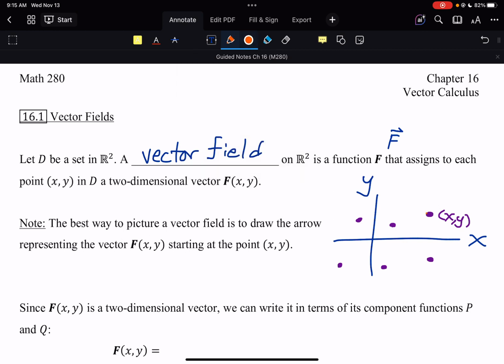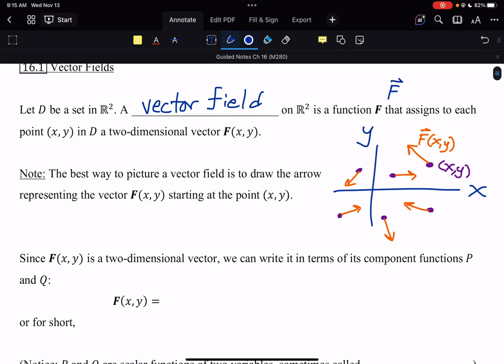The vector field would consist of all of the vectors that correspond to these points, however they may look. So each point in the domain gets assigned a vector. And of course, when we're drawing this, we can't draw literally every single vector. We would just pick a representative sample of points to get the general idea of how the vector field moves, how it flows through the plane.